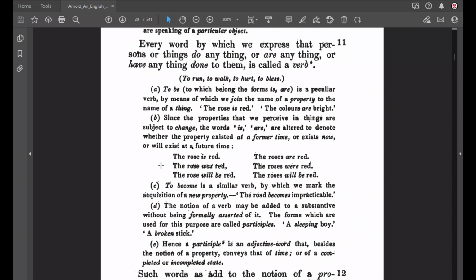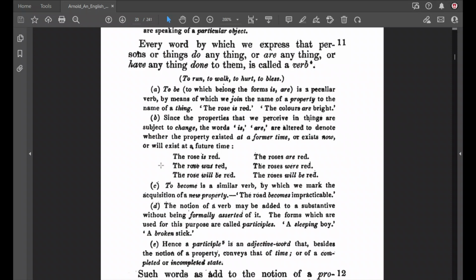To be is a peculiar verb by means of which we join the name of a property to the name of a thing. In English grammar, we learn that these are called copulas, right? You know what a copula is? The verb to be is used as a copula. It allows us to join subjects to predicates. It allows us to join substances to properties.